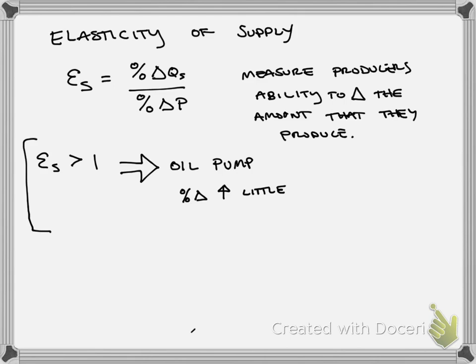Let's look at another example, not an oil pump, but an offshore drilling station. So how many of these drilling stations can we produce? Well, if the percentage change in price goes up, how quickly or how easy is it for them to increase the quantity supplied of offshore drilling stations?